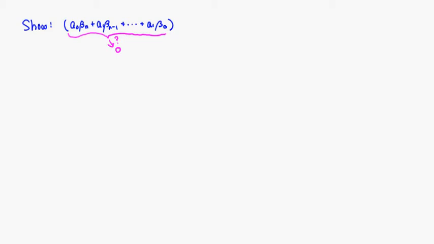So since beta n approaches 0, we know that there exists some big enough n such that n greater than or equal to capital N guarantees that the absolute value of beta n is less than epsilon.